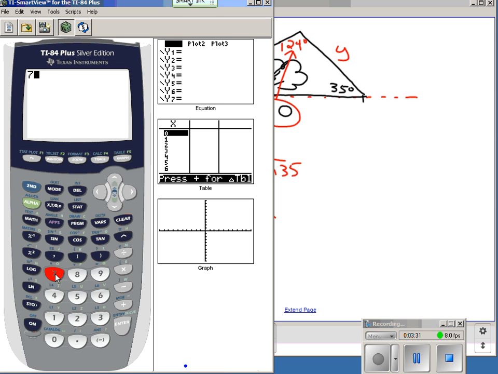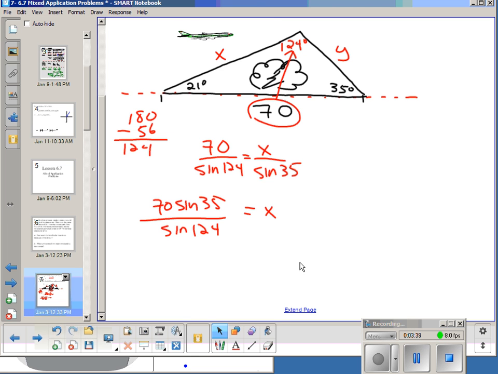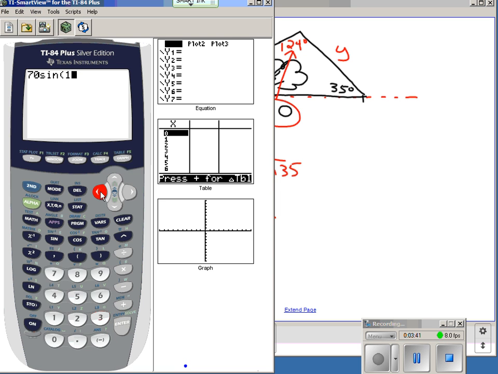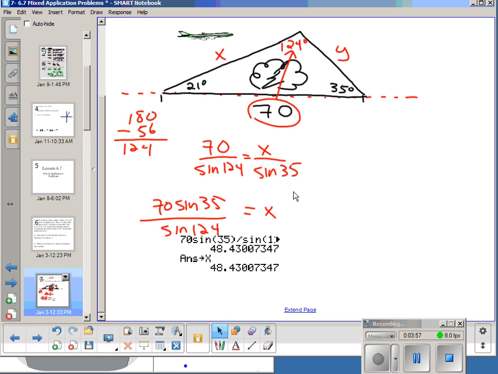So I do 70 sine of 35 divided by sine of 124. There's my answer, 48. I'm going to store that in x. You never know when you're going to need one of your answers, and if you don't want to have to retype it in, it's always a nice idea to store it. So there's my x right there.